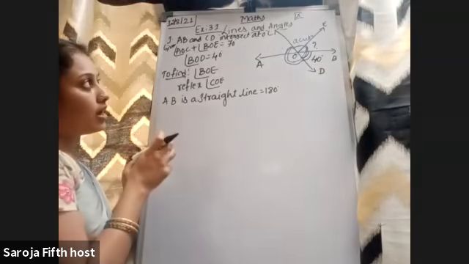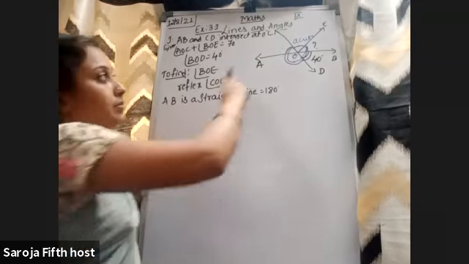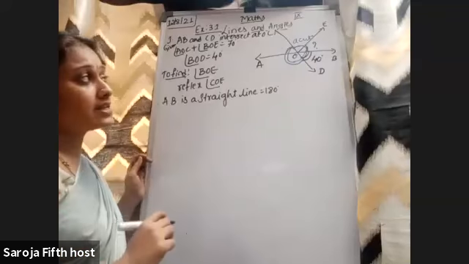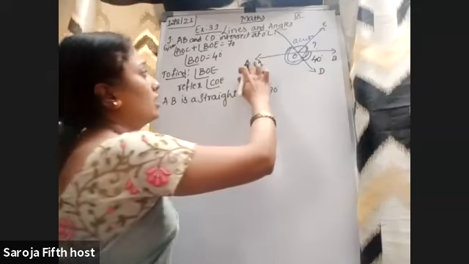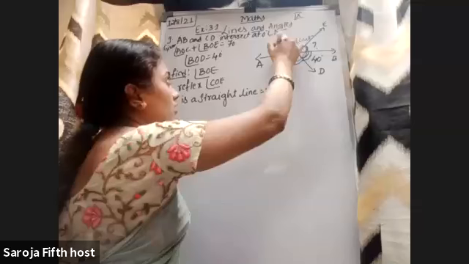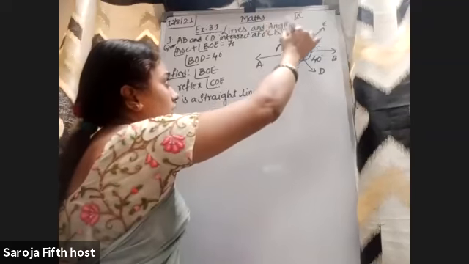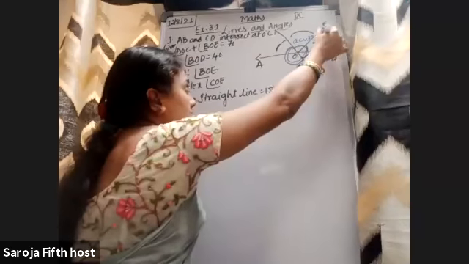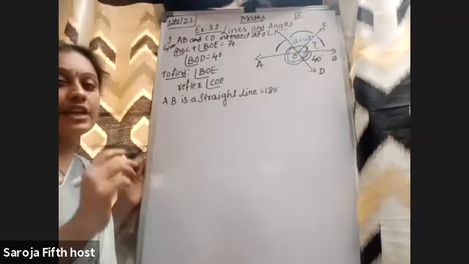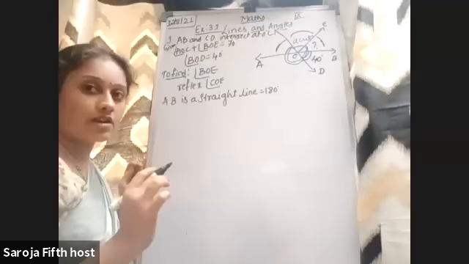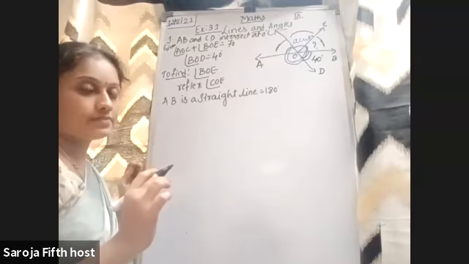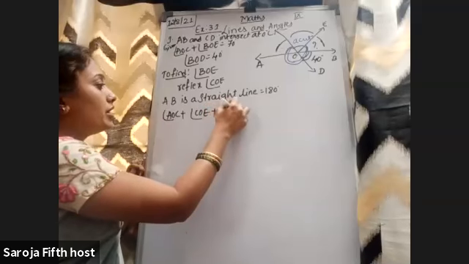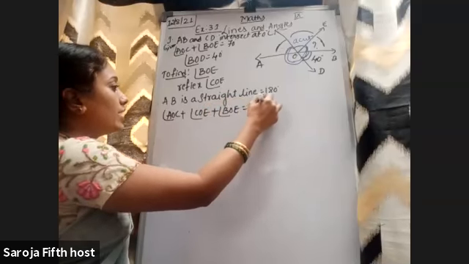Now, which are the angles standing on that straight line? Angle AOC, angle COE, and angle BOE. These three angles form a linear pair. So angle AOC plus angle COE plus angle BOE is equal to 180 degrees.